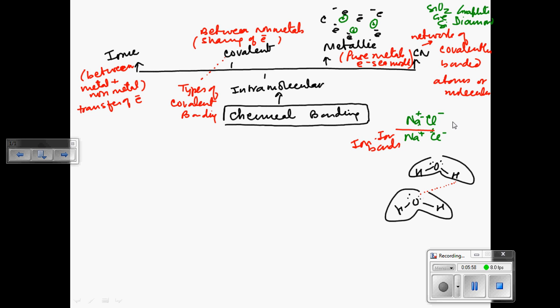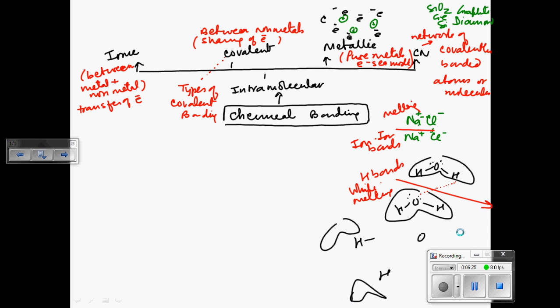When you are melting NaCl, you're breaking ion-ion bonds. But when you are melting ice, you're only breaking hydrogen bonds. You do not separate hydrogen and oxygen and hydrogen atoms during melting, correct? Water molecules are just separated from each other. That's what's happening during melting.